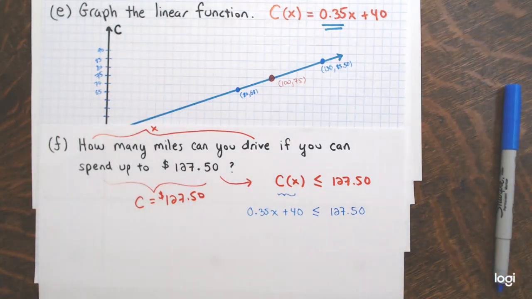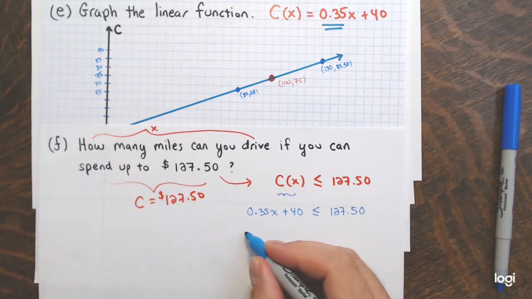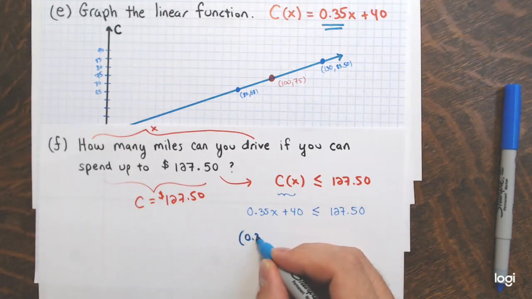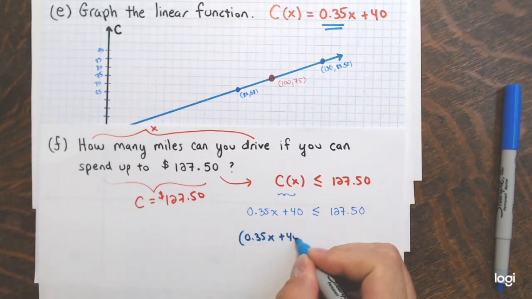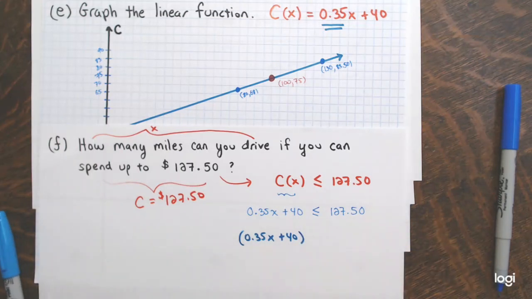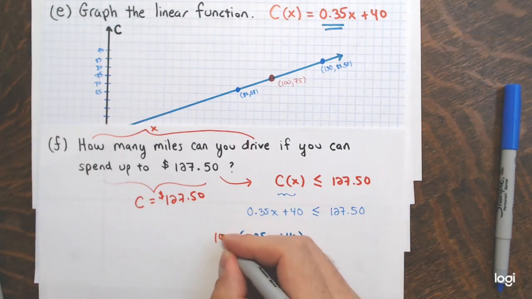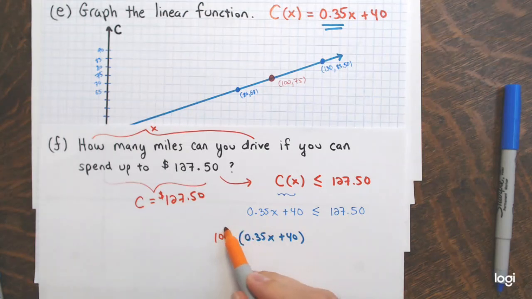Okay, and I'll do the same stuff where we take this entire left side. I'm going to multiply by 100 to get rid of the decimals, move all the decimal points to the right 2 places. So I take the entire left side, 0.35x plus 40, and that's going to get multiplied by 100. And there will be some distributing because there are 2 terms over there. Each of those terms will be multiplied by 100.